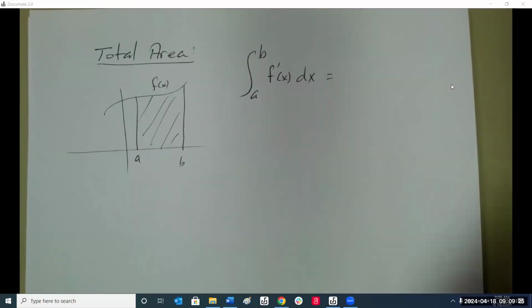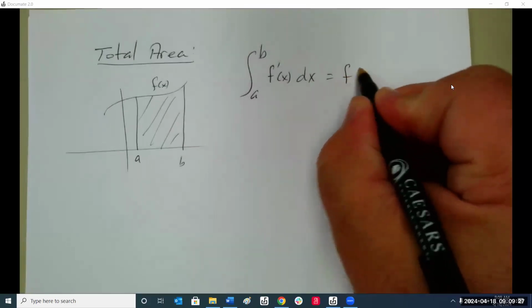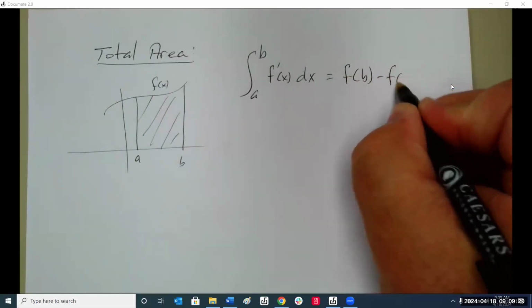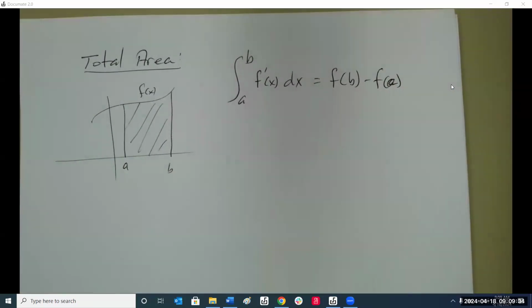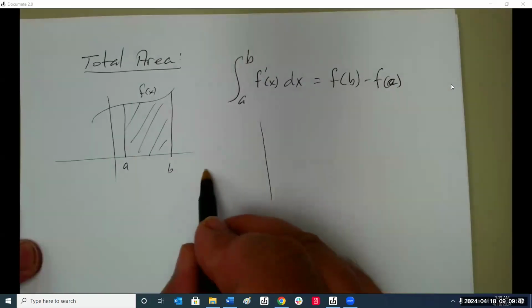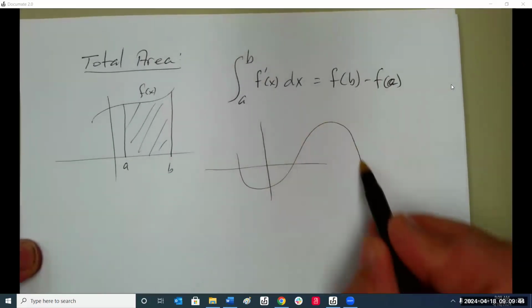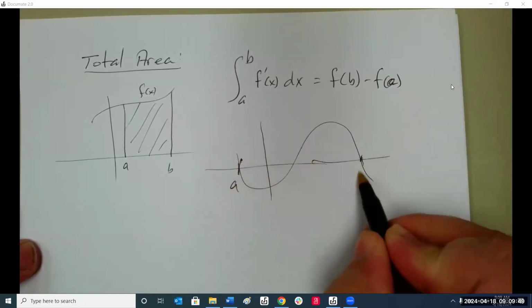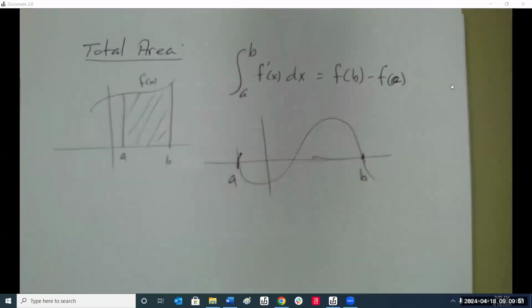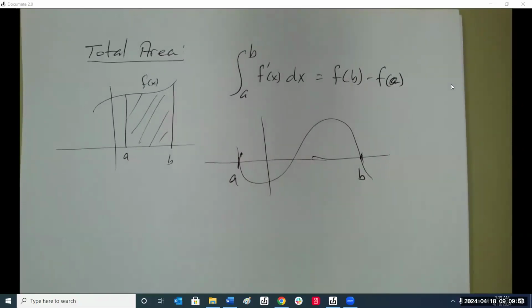Yes. If there are no x-intercepts. So is that going to give us a total area? No. So that's what we have to look at.